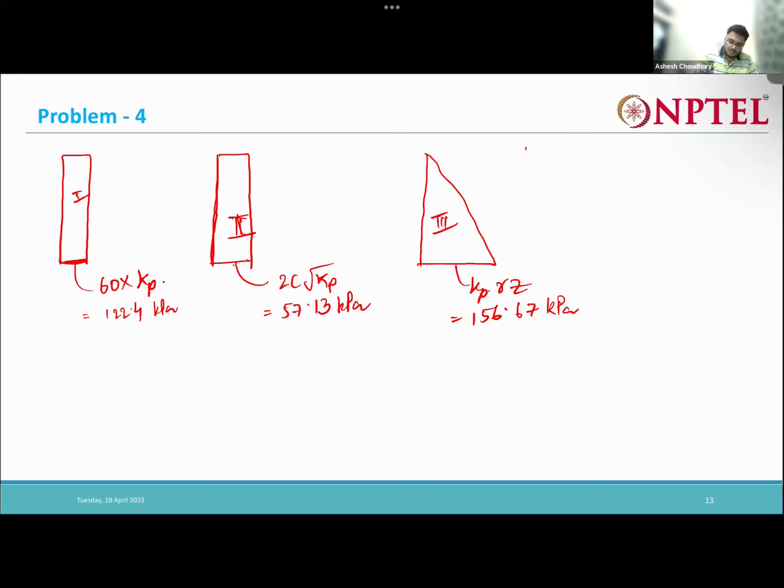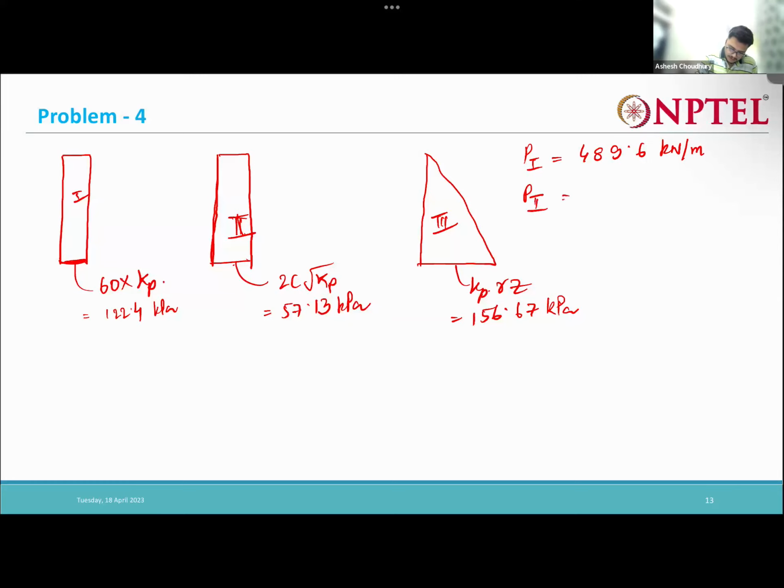So what is P1? How much? 4 into 122.4, that is 489.6.